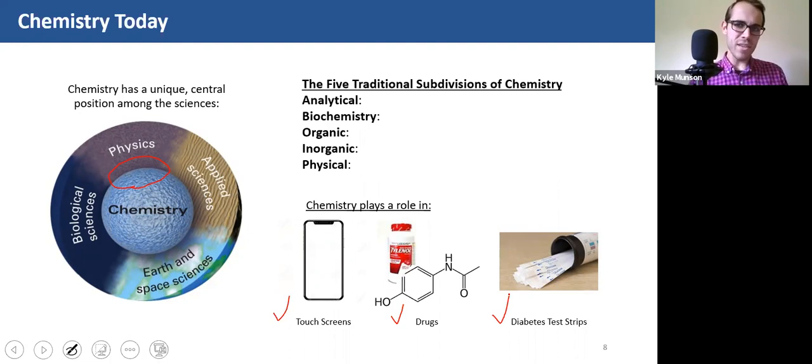All of these and so many more are examples of chemistry today. So we go from Lavoisier's day, using the scientific method, to now, where we can use chemistry to do all sorts of things that I'm sure Lavoisier never even thought of.